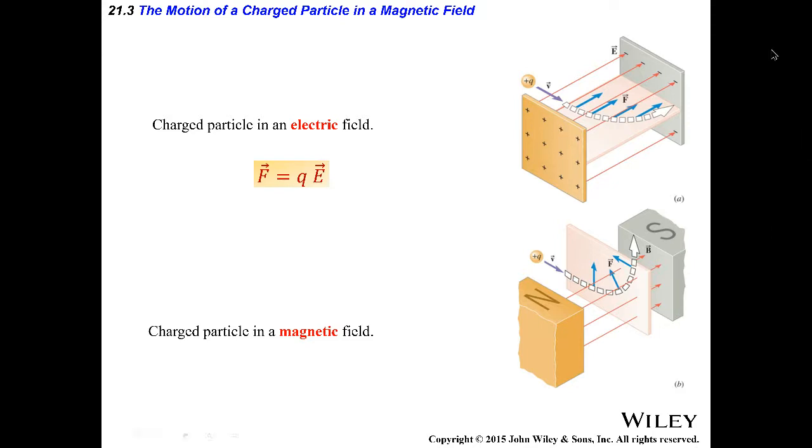Are you following? Over here, you had a charged particle coming in with V, and the electric field caused it to go sideways, but it is going just in this direction. It is in the plane, but this one is going out of the plane. The force is upward, so this charged particle coming in is going up in a circle.